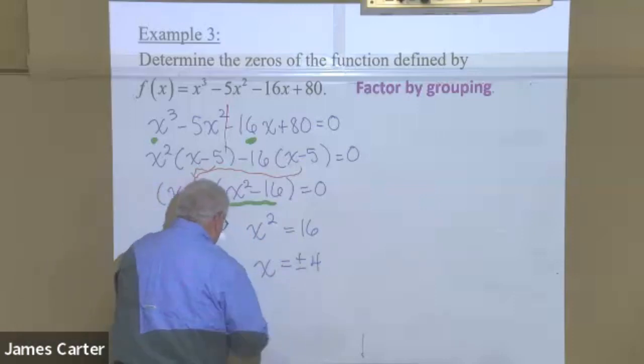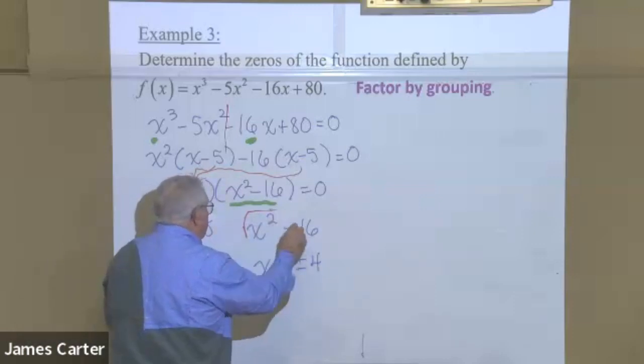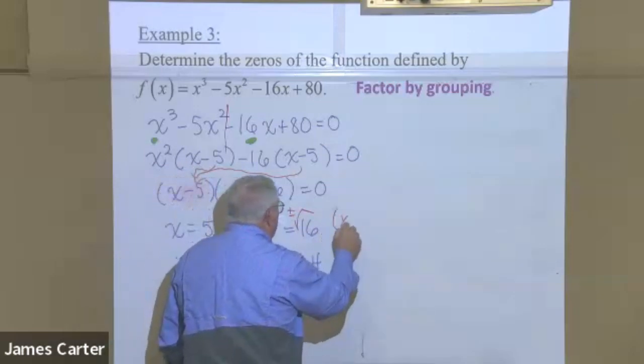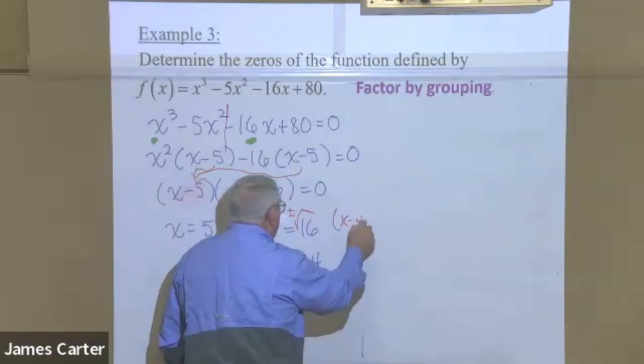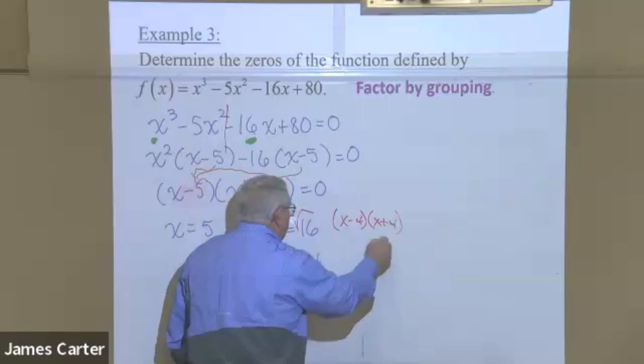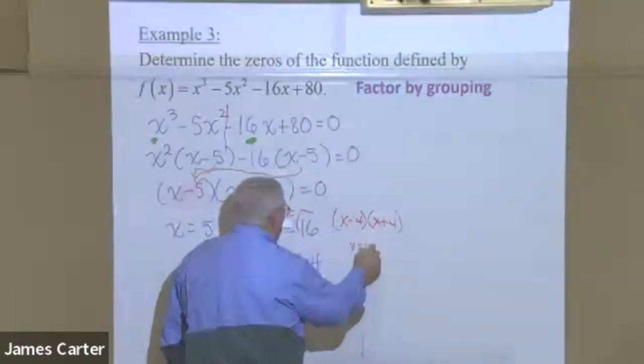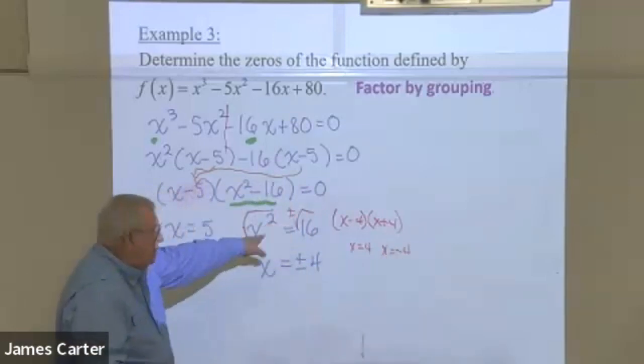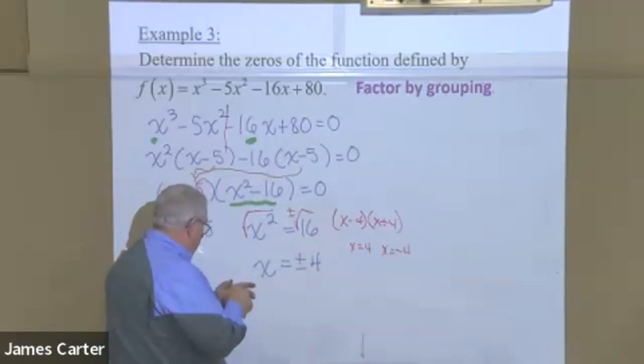Now, they showed it this way, in which case they would have done this, or you could have done it that way. And either this way or that way is okay.